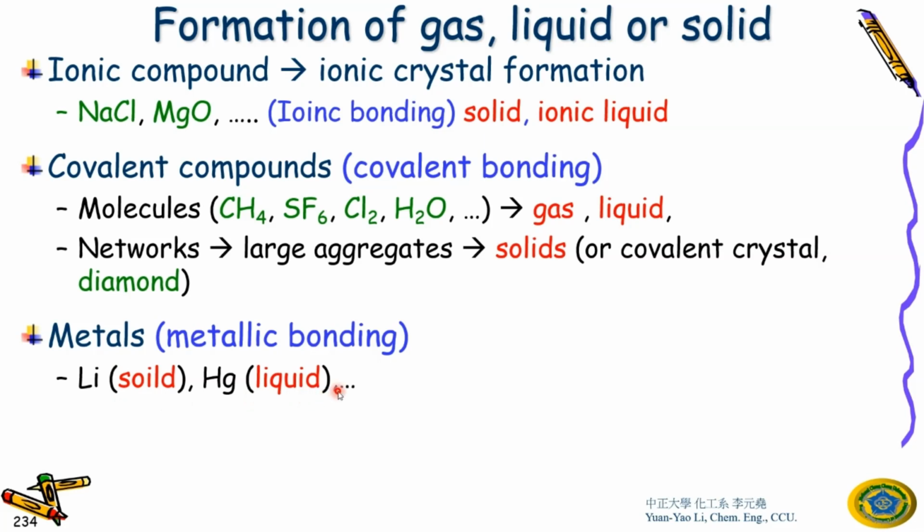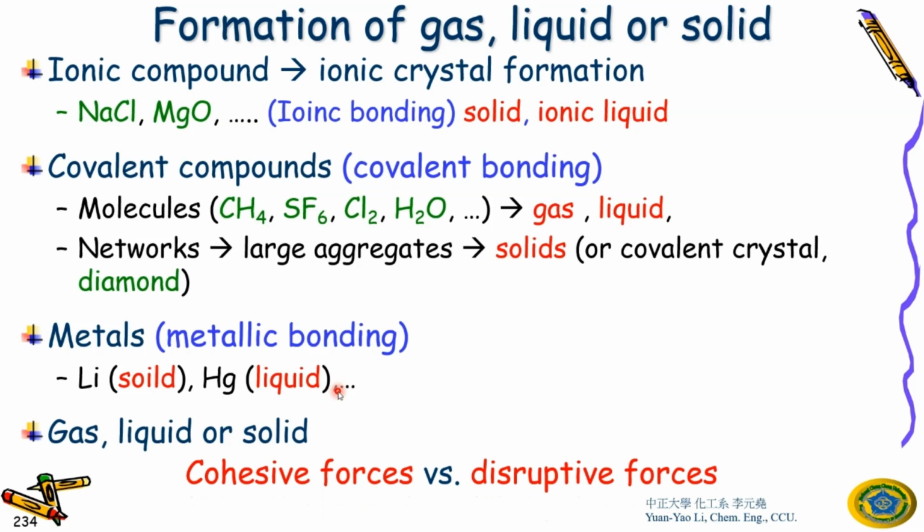So what kind of phenomenon, force, or energy can tell us whether it is gas, liquid, or solid? That's what we call cohesive forces versus destructive forces. Cohesive forces means the bonding energy, and destructive forces means thermal energy.